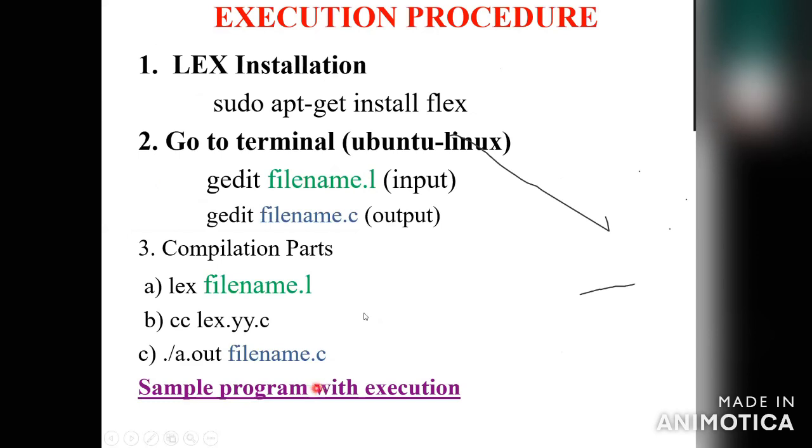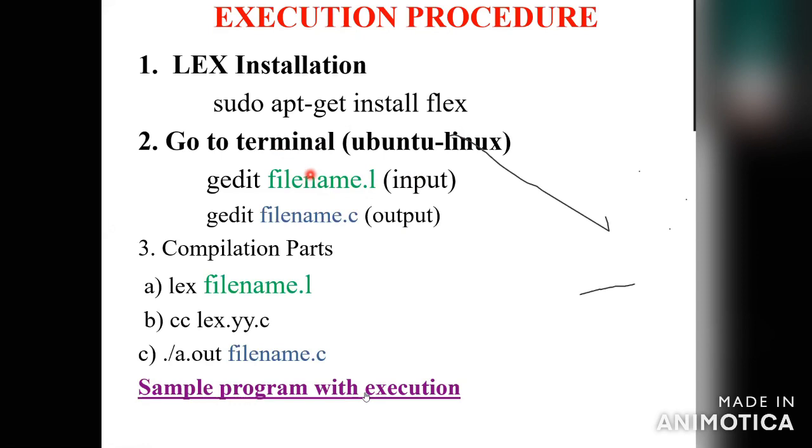So here is a sample program. In the first part, the declaration part, you open with percentage open brace and close with percentage close brace, and in between you write the declarations. In the second section, the translation rule section, you specify each and every data type: integer, identifier, float, variable, keywords, everything.